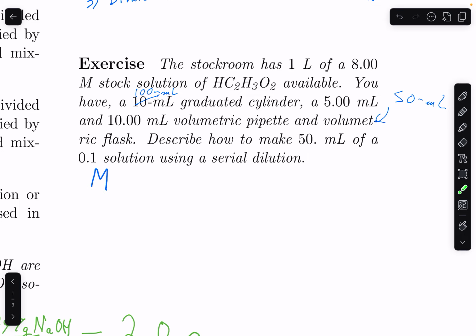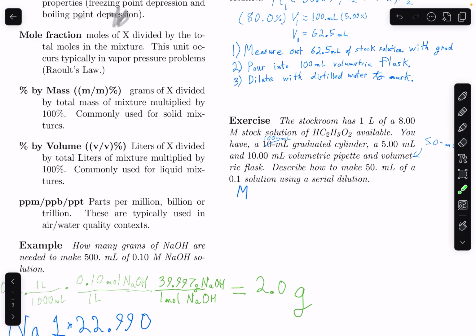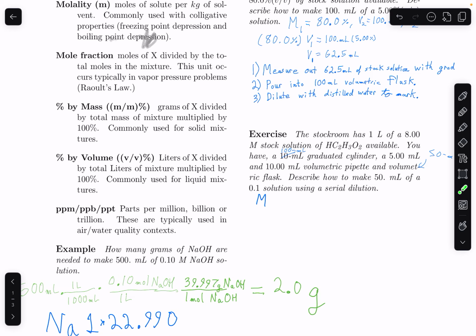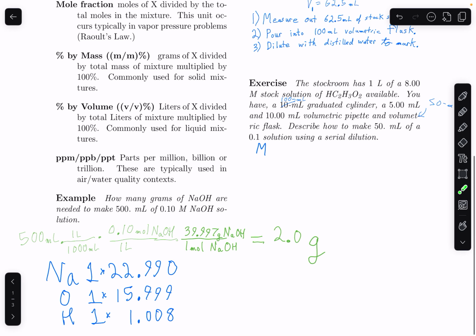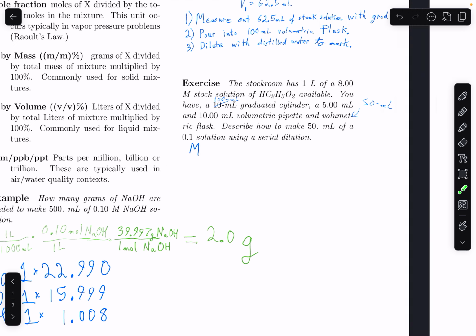So you take the result of one dilution and feed it into a second. Okay. That allows you to maintain the precision of your dilution, so you can know what the final concentration is, but also avoid some of that waste.